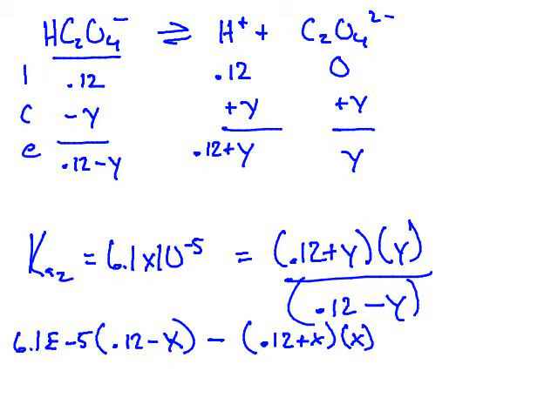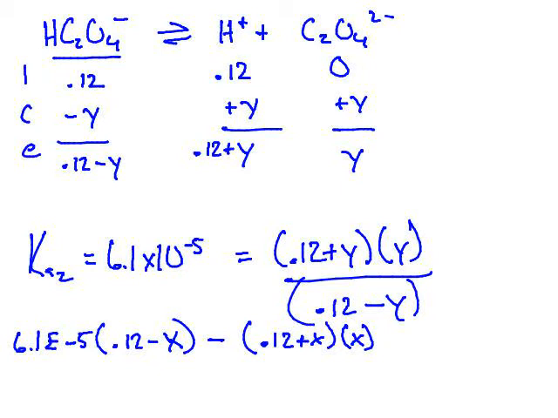So let me get back to my solver here. I'm going to say 6.1, second function e, negative 5, parentheses, 0.12 minus x, parentheses, minus parentheses, 0.12 plus x, parentheses, x. How's that for a lot of parentheses?